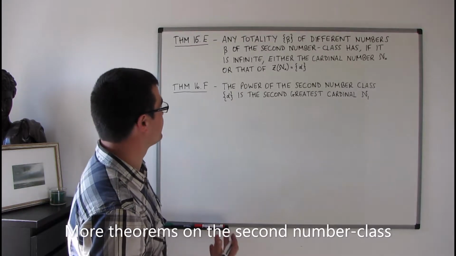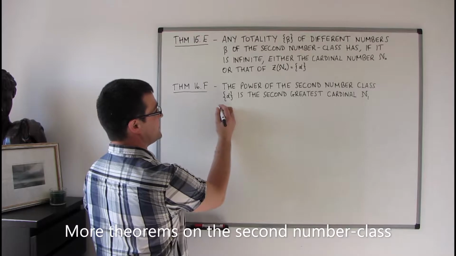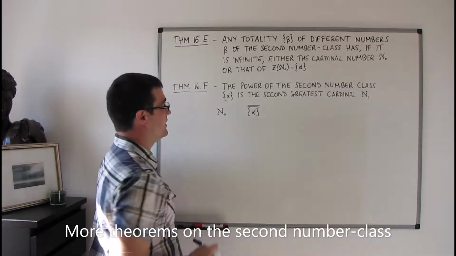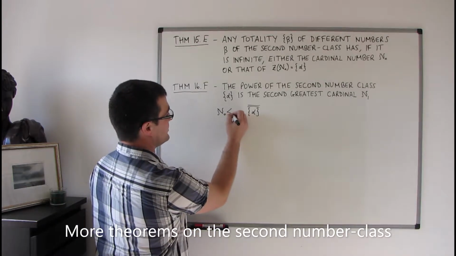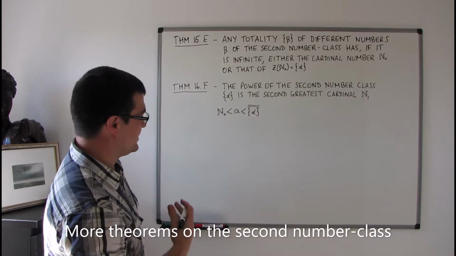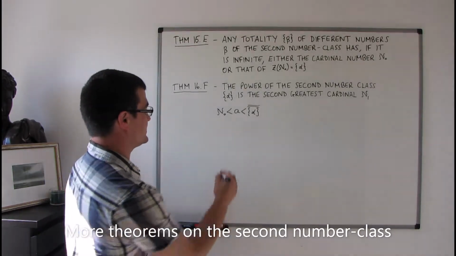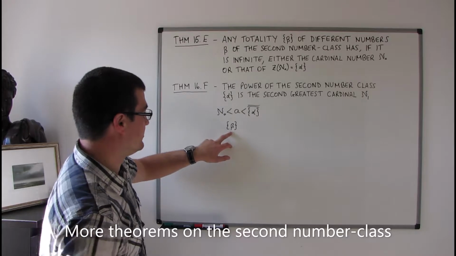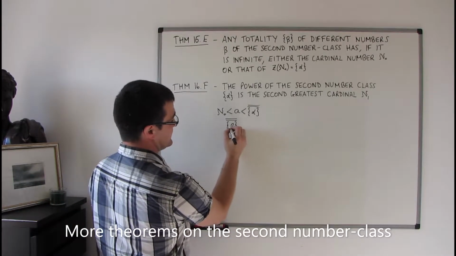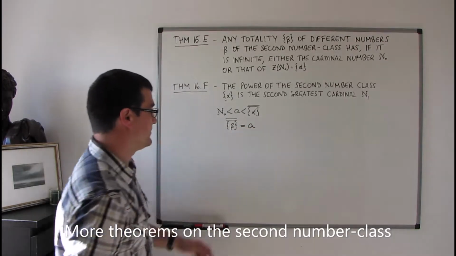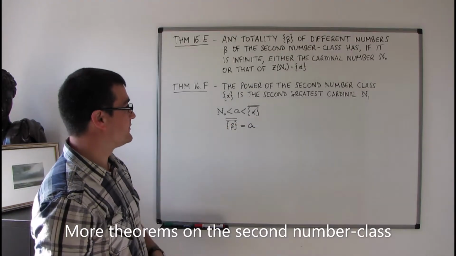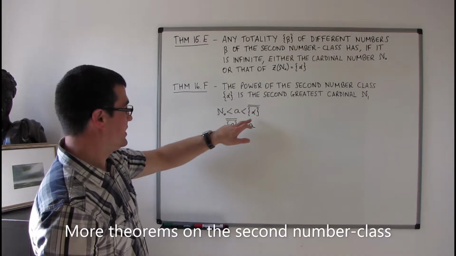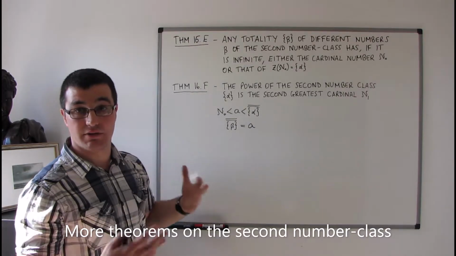So let's say that between Aleph naught and the power of this aggregate, or the cardinal number of this aggregate, there is another cardinal, A. Then there must be some kind of partial aggregate of this, made up of numbers beta, such that the power of this partial aggregate is equal to A. Now, because this is the aggregate of all of the numbers from the second number class, then any partial aggregate must be an aggregate of numbers from the second number class as well.